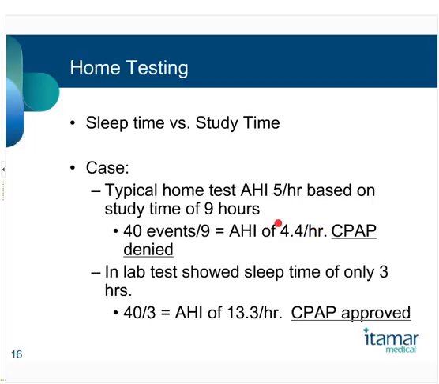However, if you take the same patient at the same time and do a laboratory test where you have a sleep time of only 3 hours instead of the recording time of 9 hours, then you have 40 events divided by 3. You get an apnea-hypopnea index of 13.3 events per hour, and CPAP is easily approved.